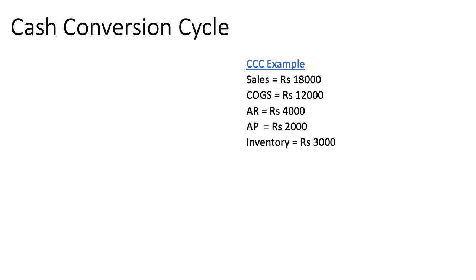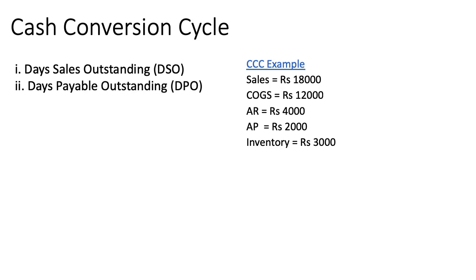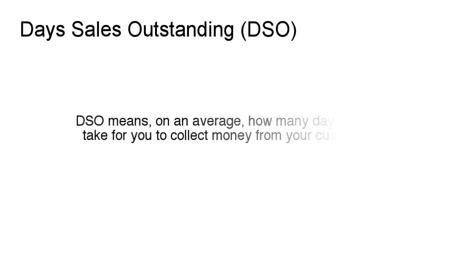Now cash conversion cycle consists of 3 components: days sales outstanding, days payable outstanding, and days inventory outstanding. Let's understand these terms one by one. Days sales outstanding, that is DSO, simply put, means on an average, how many days does it take for you to collect the payments from your customer after a sale has been made.